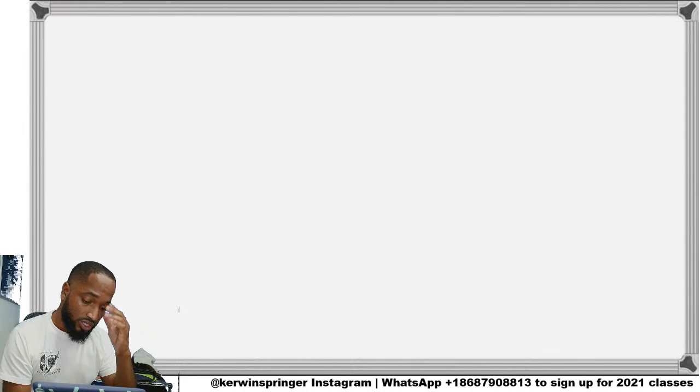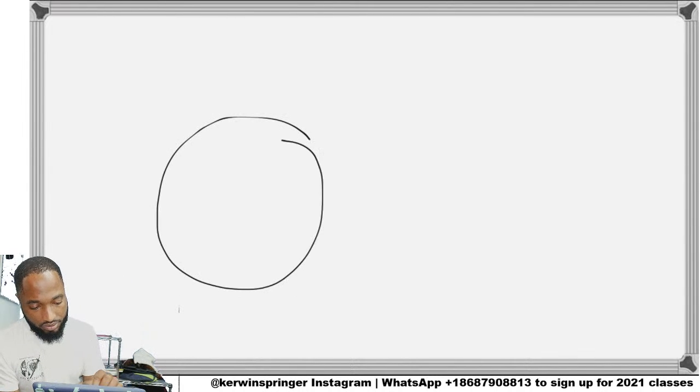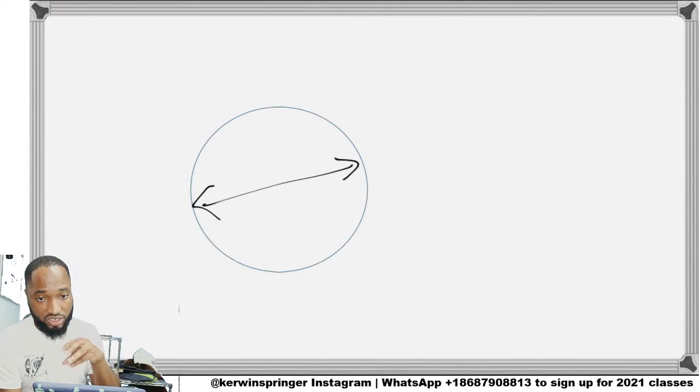You're given the circle, and the circle has diameter 42, and you have to draw a hexagon circumscribed in the circle. What will be the length of one side?